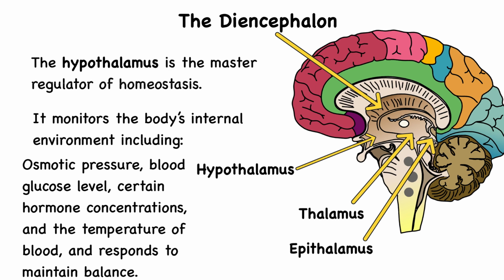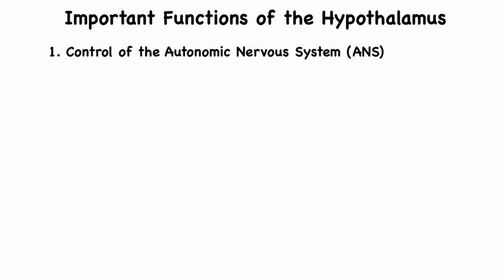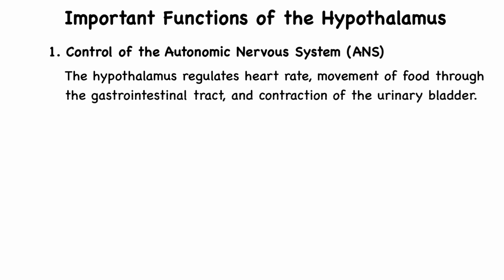There are important functions of the hypothalamus, which include control of the autonomic nervous system. Here, the hypothalamus controls and integrates activities of the autonomic nervous system. It regulates heart rate, movement of food through the gastrointestinal tract, and contraction of the urinary bladder.